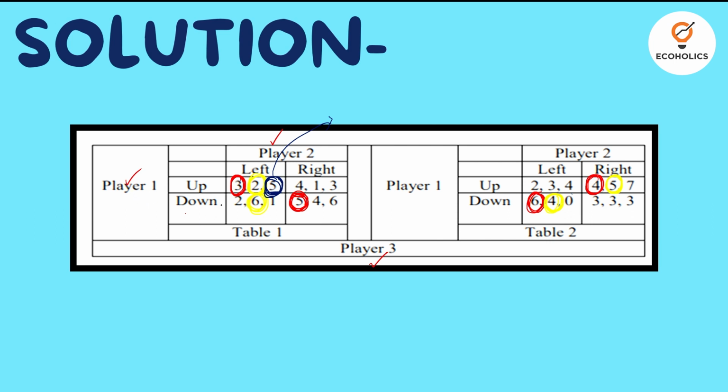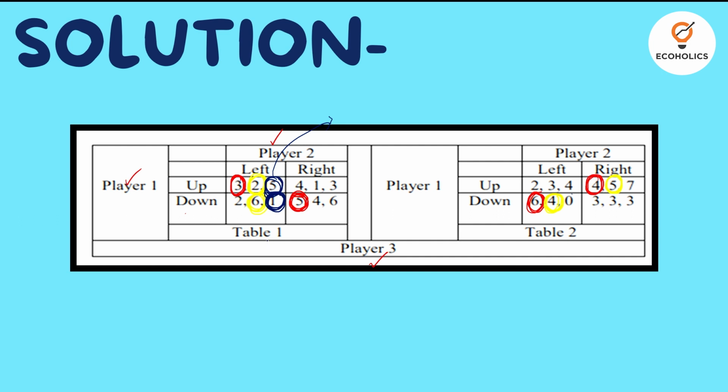So now player 1's strategy is down, player 2's strategy is left, and player 3 can choose between table 1 and table 2. So 1, 0. So 1. Correct? Similarly, now player 2 is changing the strategy. Player 2 is going with right, player 1 is with up.